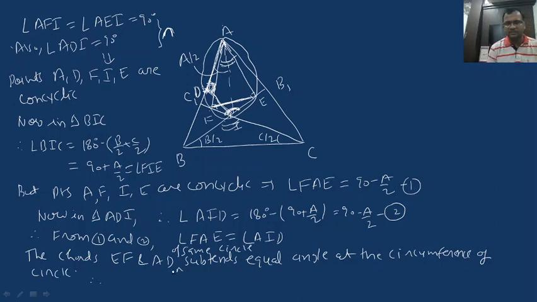Therefore, if the angle is same, then obviously chord length must be same. So here is another proof of the given problem: AD equals to EF.